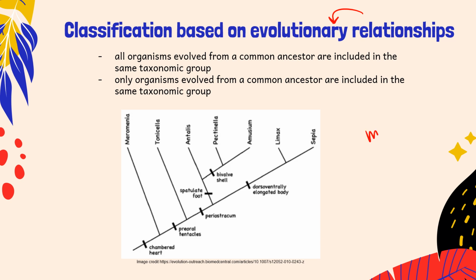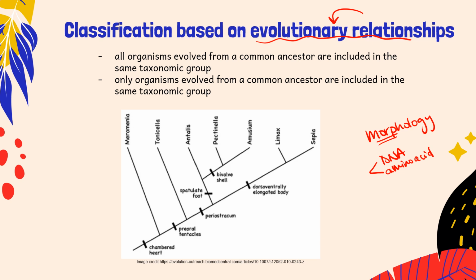We definitely still use morphology to help us classify organisms. Morphology is the study of the shape or form of organisms. But more often we're using DNA sequencing and the amino acid sequences of proteins and looking at the similarities of those sequences to determine how closely different groups are related to each other in terms of evolution.